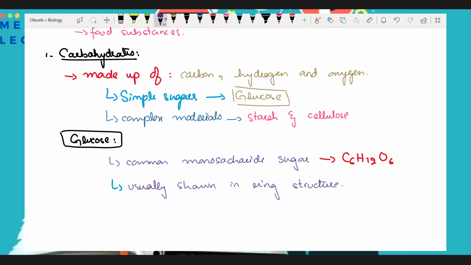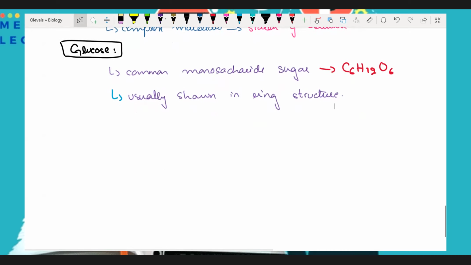This glucose is a monosaccharide. What is the meaning of monosaccharide? Ma'am, it is the simplest unit, and the other more complex chains are built from this basic unit. Good, absolutely correct.